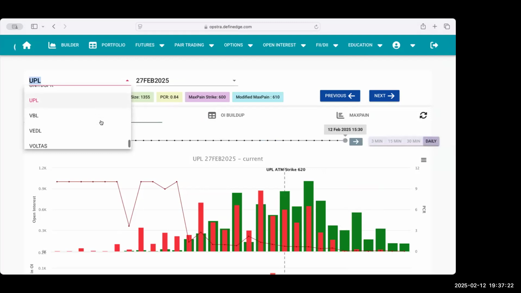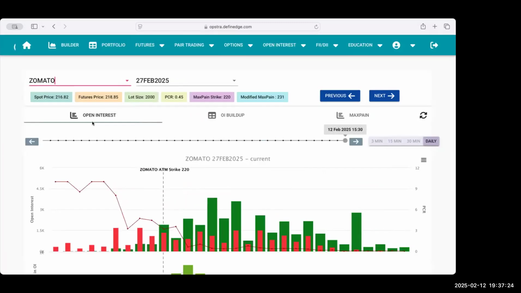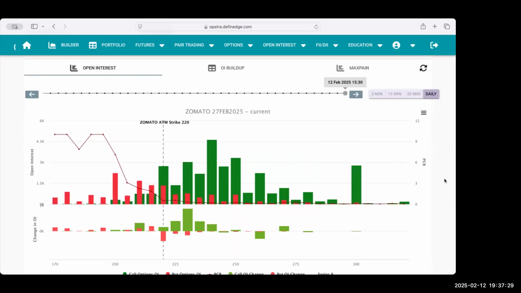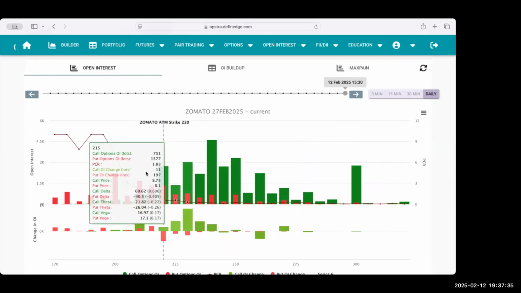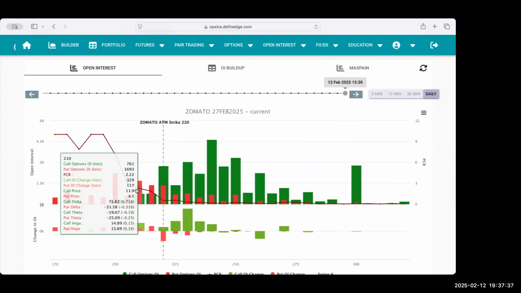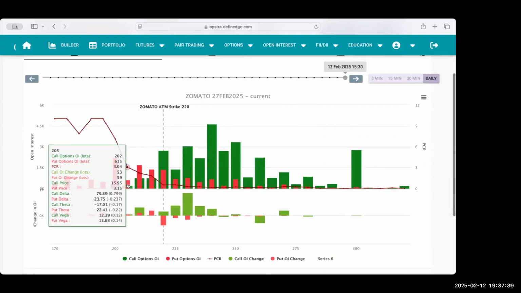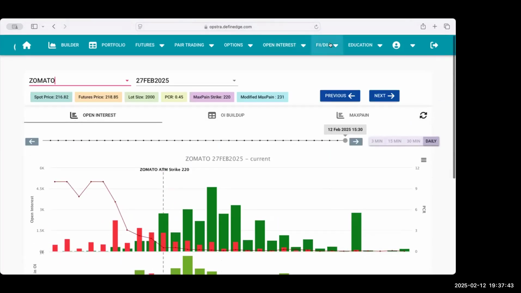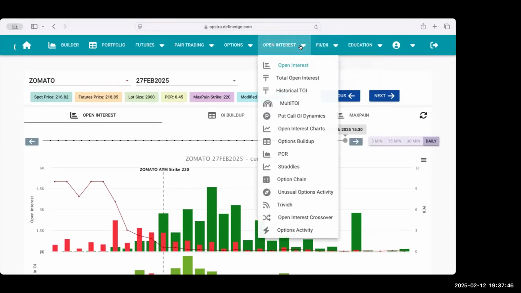We'll see any other random stock. Zomato देख लेंगे. Wow, जैकपॉट मिल जाएगा यार, पी लिया तो. There is no put at all. Correct. Zomato. Let's see option chain in Zomato.